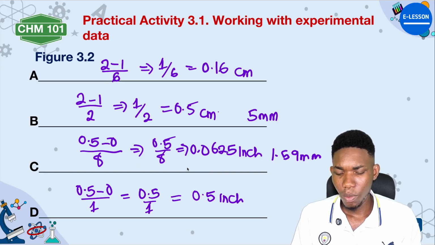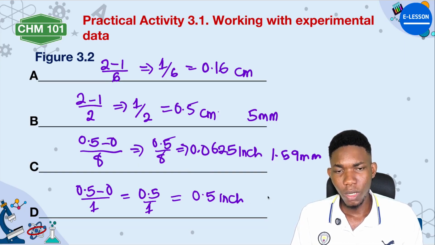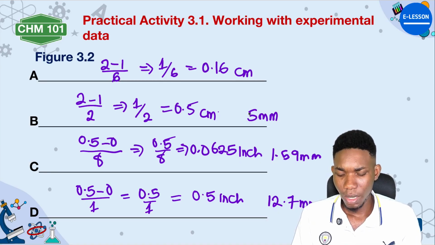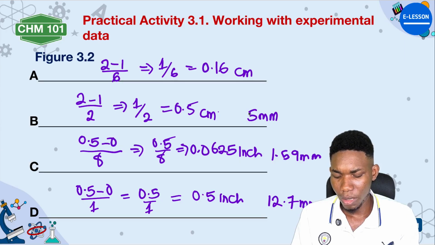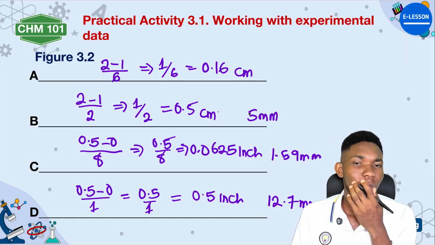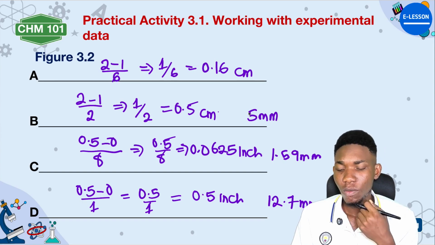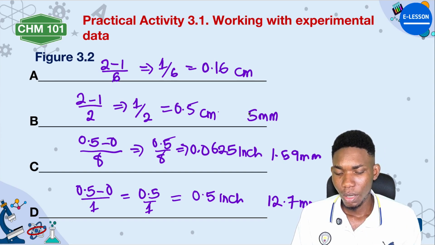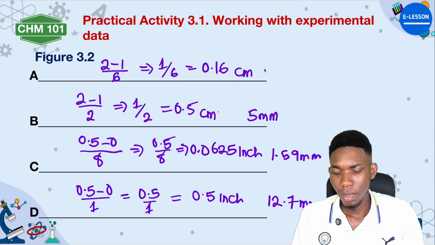So we have 0.5 inch to millimeter. That will give us approximately 12.7 millimeter. So this is 5 millimeter. Then we have the other one here, which is 0.16 centimeter to millimeter. What will it be? To give us the smallest subdivision in each of them. That is 1.6 millimeter.